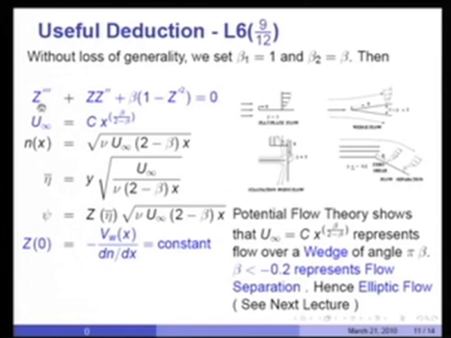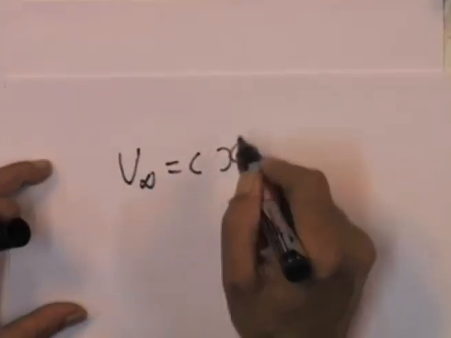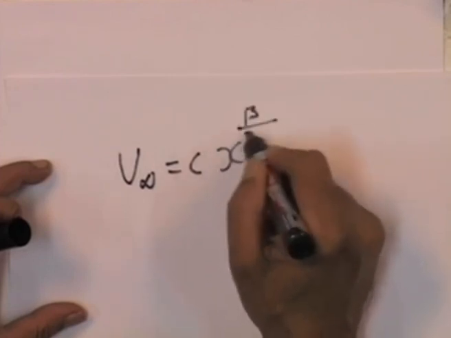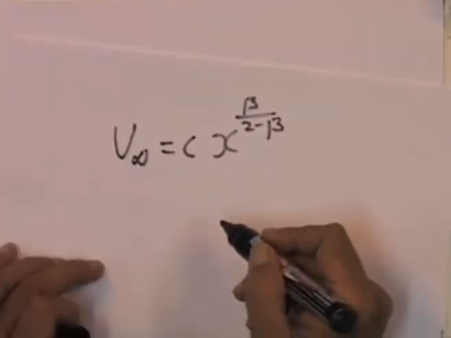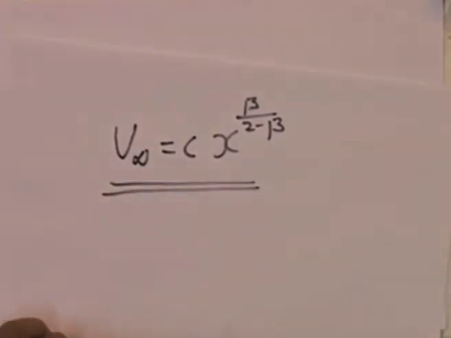Then the equation would read z triple prime plus z z double prime plus beta into 1 minus z prime square equals 0. U infinity will simply read as C x raised to beta over 2 minus beta. Now, this type of variation of u infinity as a function of x, u infinity equal to C times x raised to beta over 2 minus beta, has a very special significance in fluid dynamics.